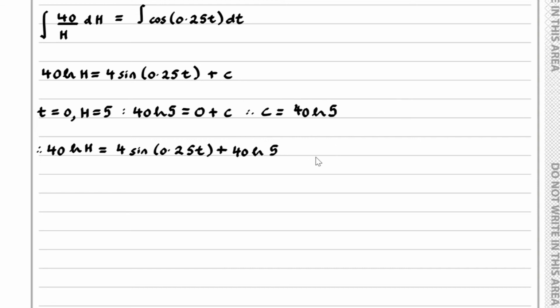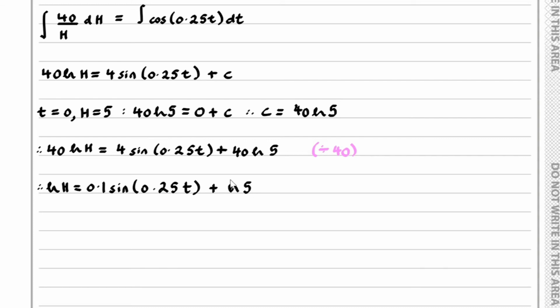And at this point, we can divide through by 40, and if we divide through by 40, we end up with the natural log of h equaling, well, 4 divided by 40 is a tenth, or 0.1, and then we've got the sine of 0.25t plus the natural log of 5.